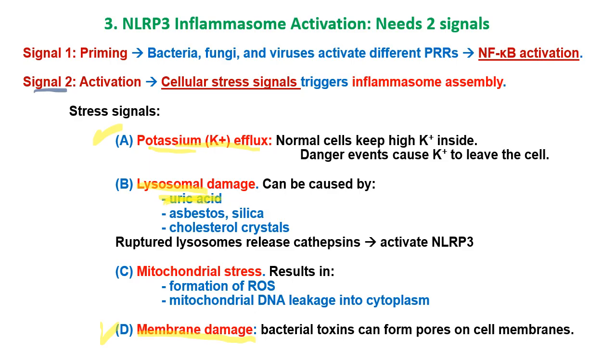So uric acid can punch holes in the lysosomes and let all of those enzymes leak into the cytoplasm, and that's a very stressful signal. With the same principle, you can have asbestos or silica or even cholesterol crystals that can punch holes in the lysosomes and cause this stress signal, okay?